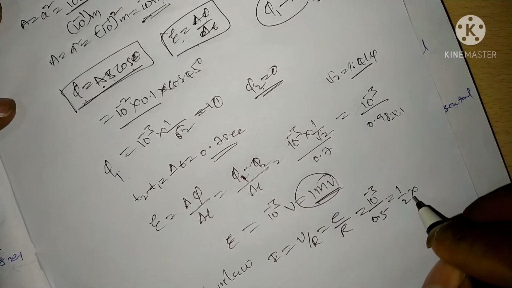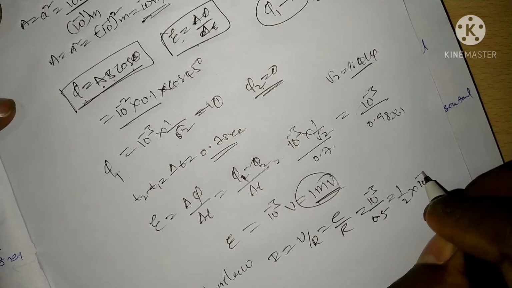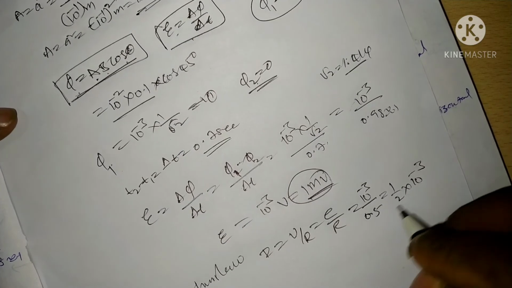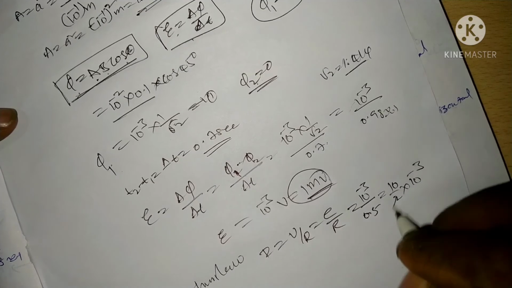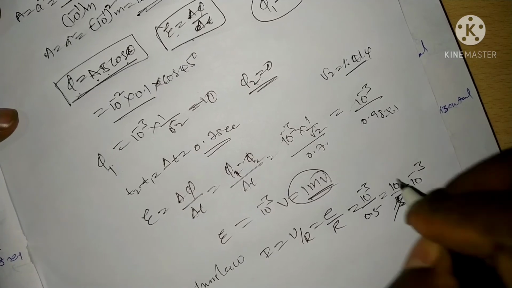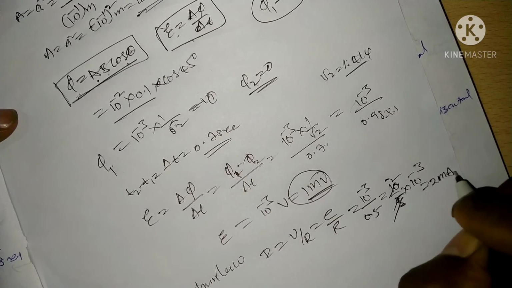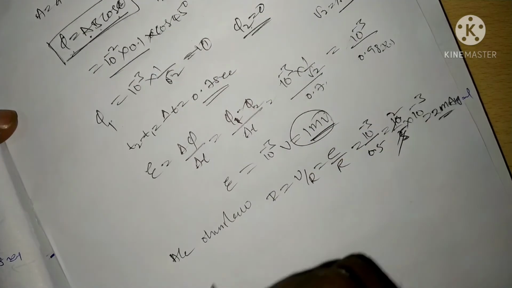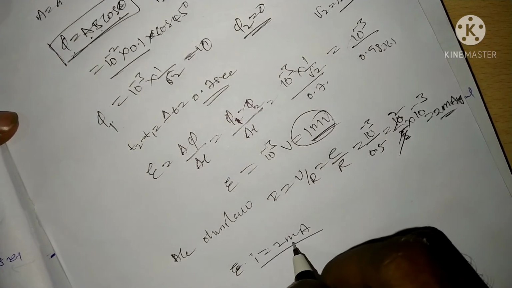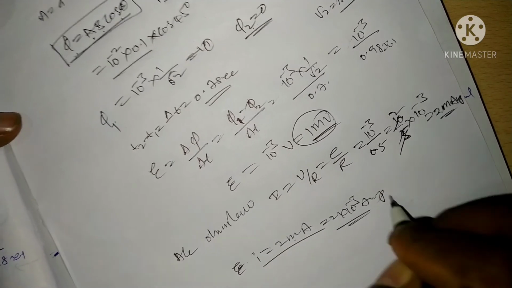So 1 by 2 into 10 to the power of -3, that is 5 into 10 to the power of -4. The induced current is 2 milliamperes, that is 2 into 10 to the power of -3 amperes.